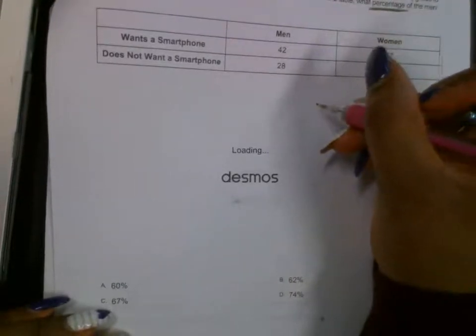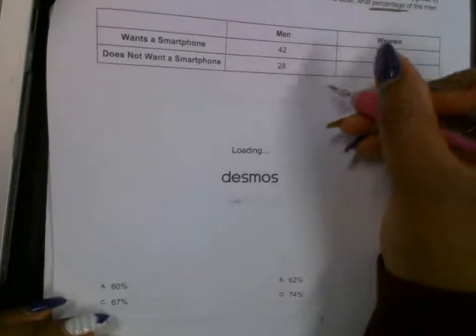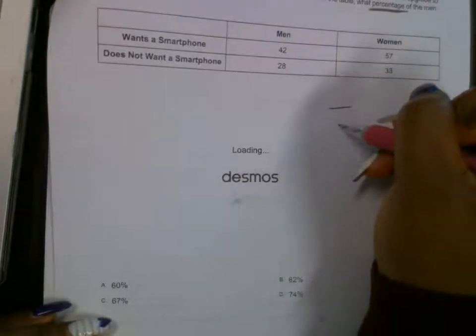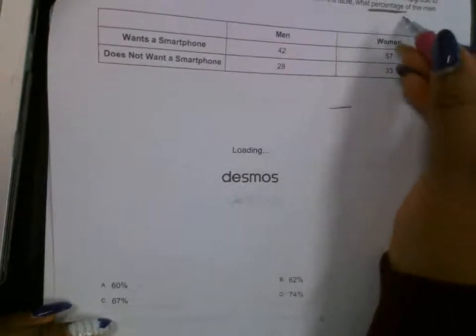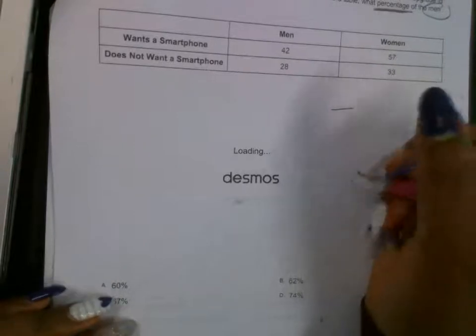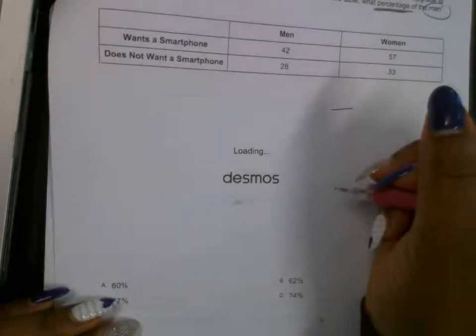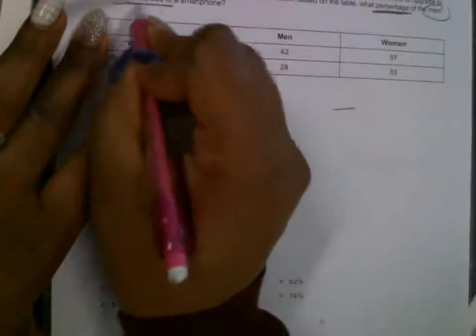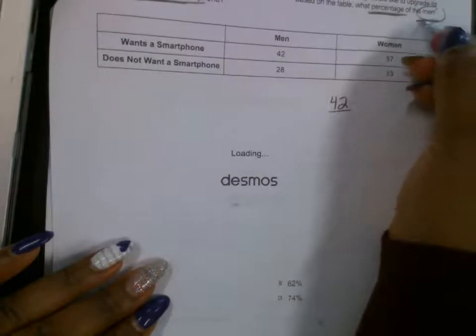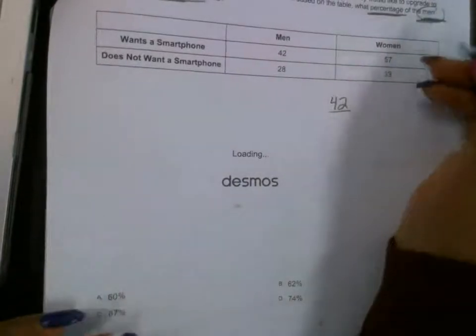So remember, when you're writing a fraction, you're going to write what you're looking for on the top and the total on the bottom. Okay, we're looking for the amount of men that want a smartphone. How many men wanted a smartphone? How many of them wanted to upgrade? 42. And we're still working with men, it's just men.